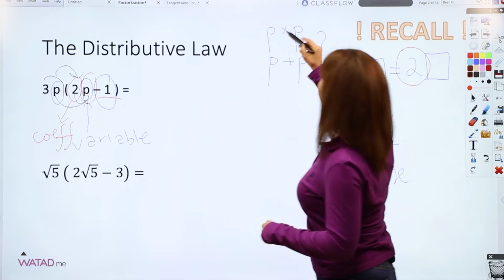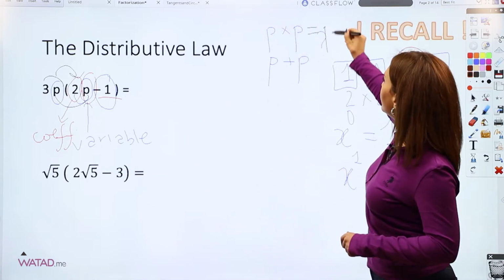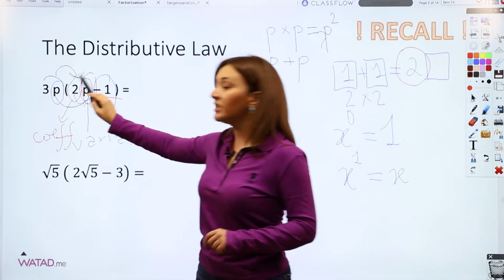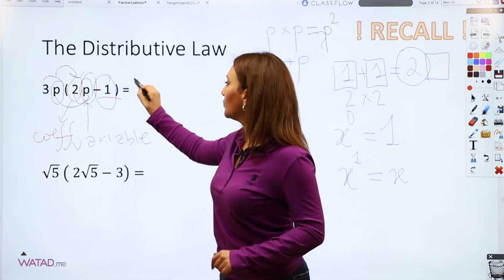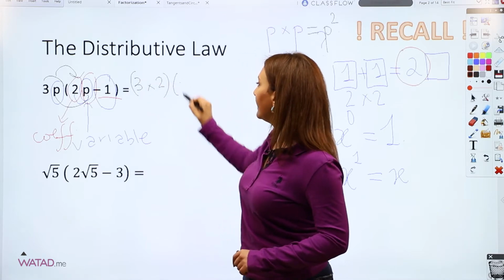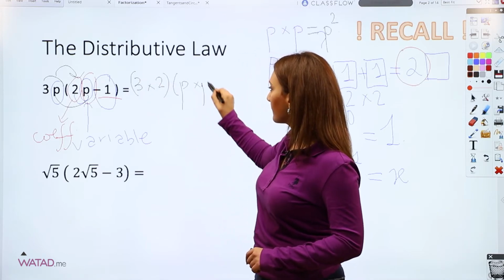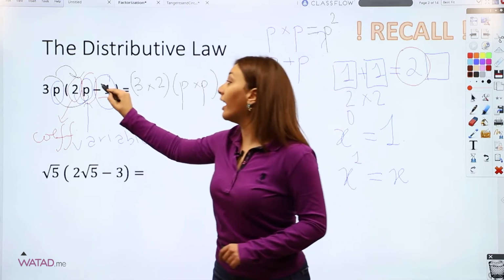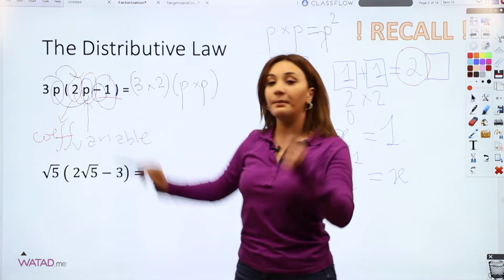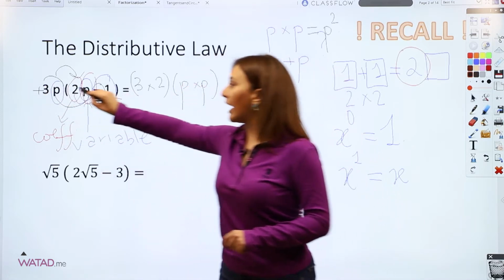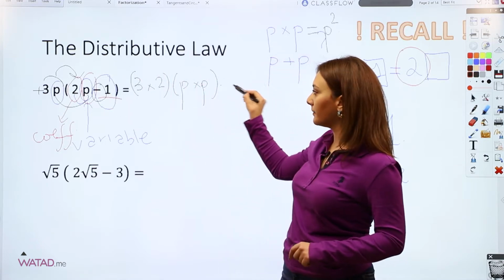When I say p times p, this is p to the power 2. So I multiply the coefficients together, 3 times 2, and p times p. Now I should respect the sign of 1. Remember the table of signs. Plus times minus is minus.